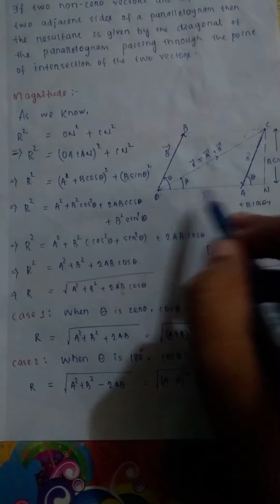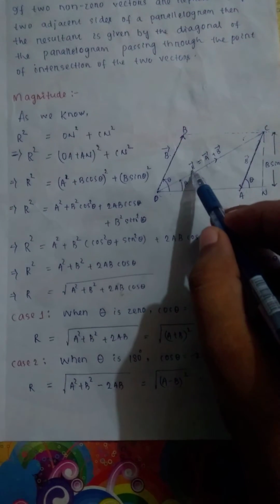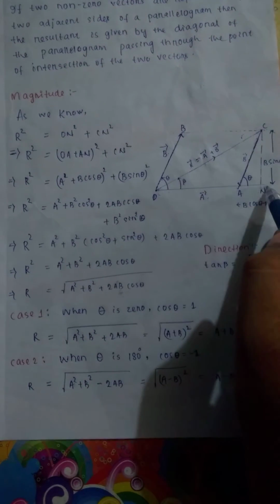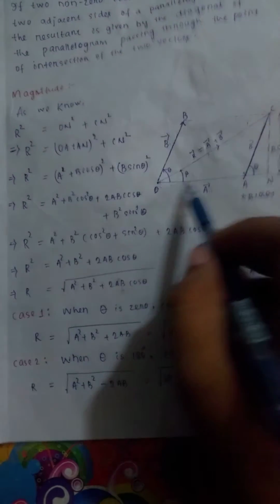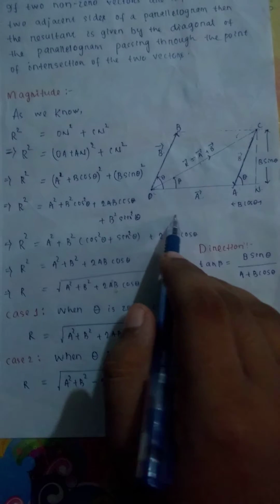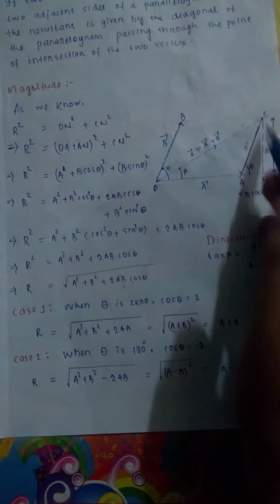Applying the Pythagoras theorem in the triangle ONC, OC square is equal to ON square plus CN square. OC is R, so R square is equal to ON square plus CN square.